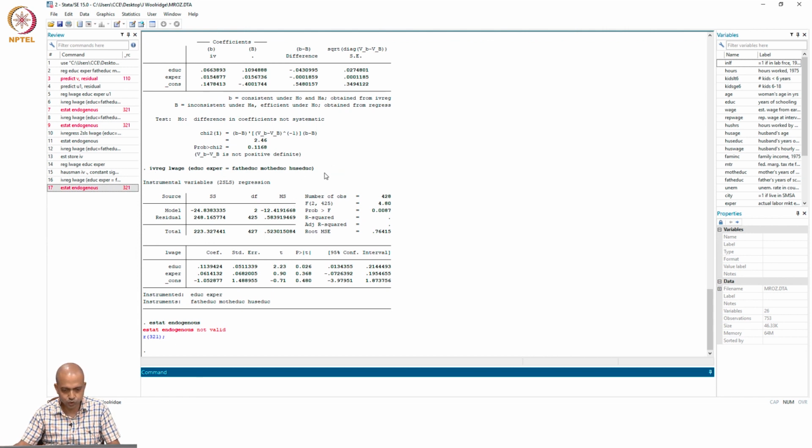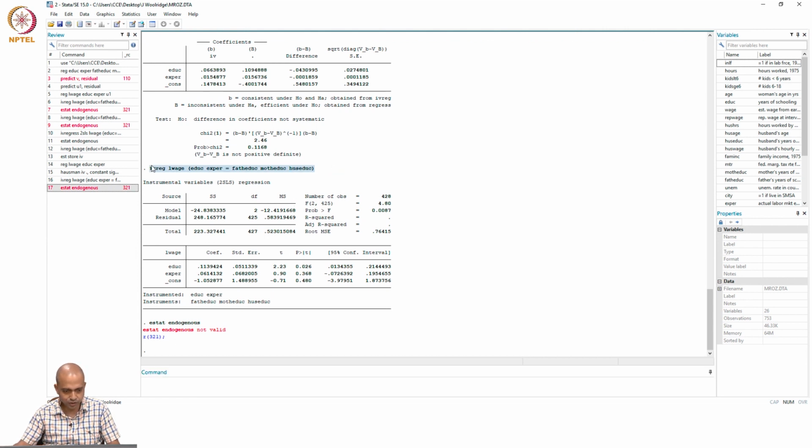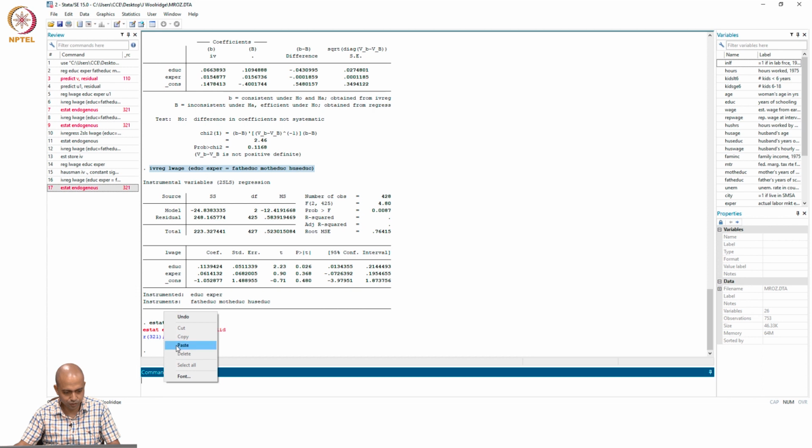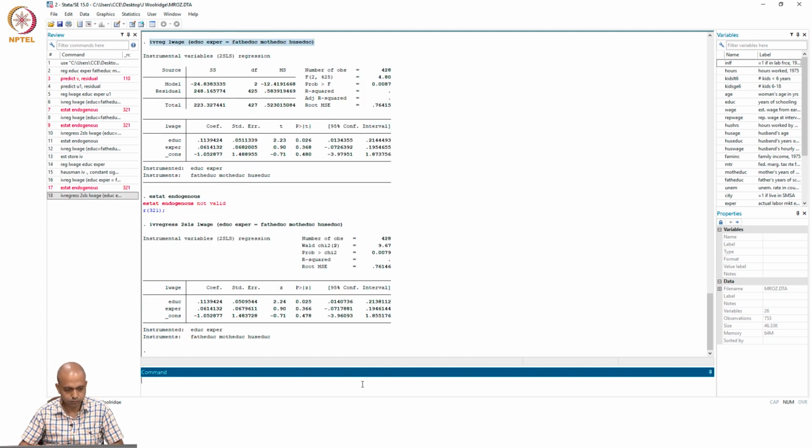So, whenever we are using this command, we have to use ivregress 2SLS, otherwise estat endogenous will not work. Ivregress 2SLS, and then estat endogenous will work.